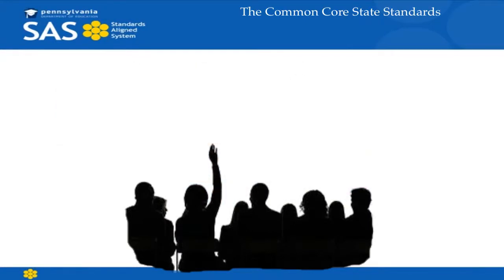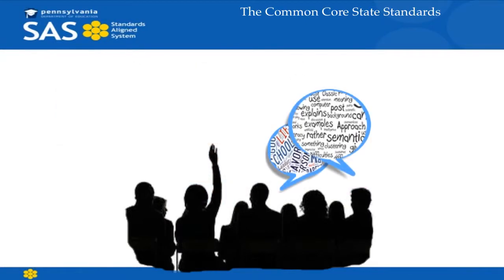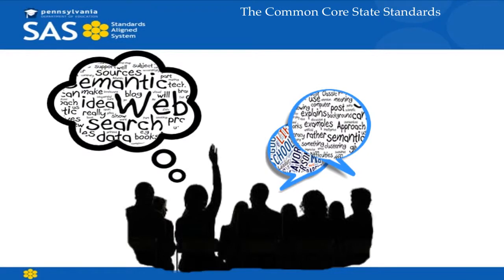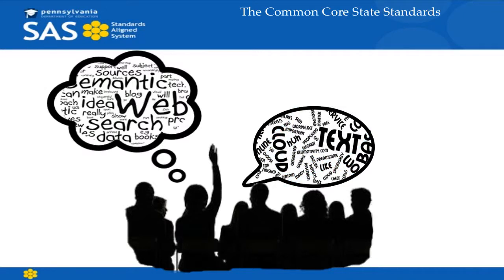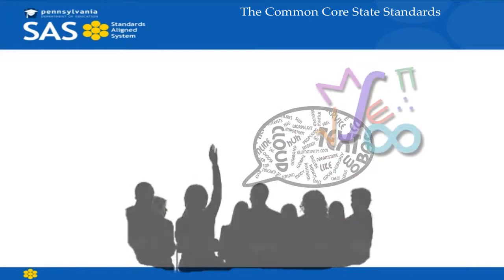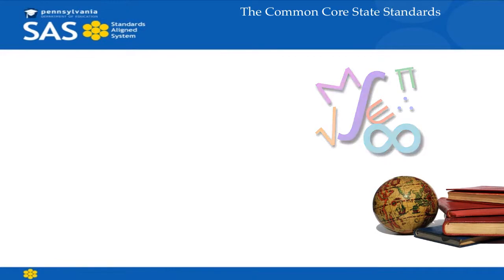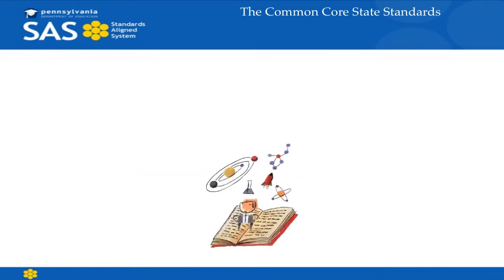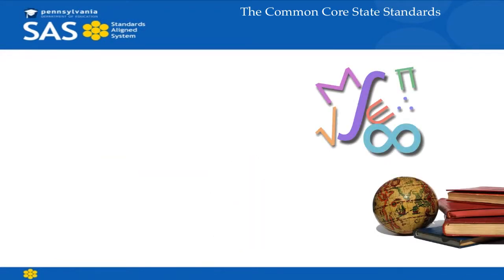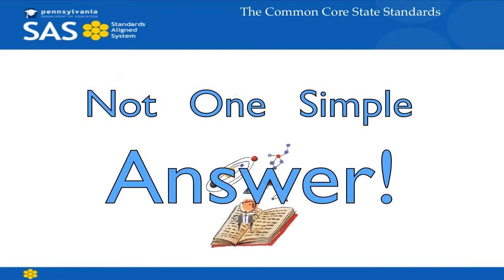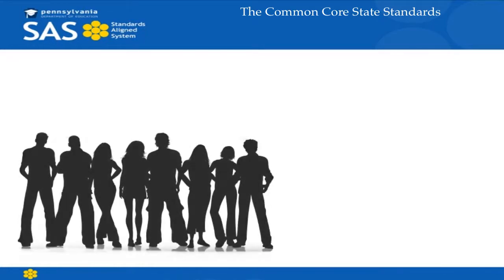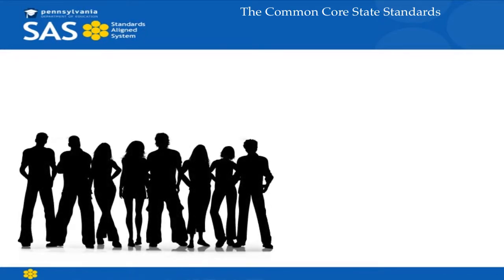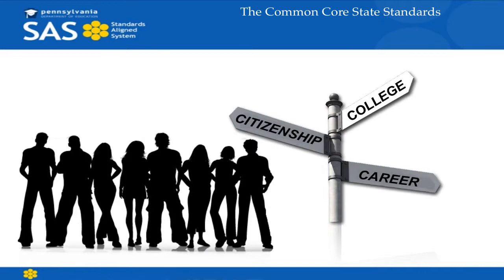This means students having informed opinions, actively participating in an exchange of ideas with classmates, and supporting their arguments with evidence, whether in math, social studies, English, or science. It means exploring problems that don't always result in one simple answer. When students successfully accomplish these types of tasks, they will be ready for the demands of college, careers, and citizenship.